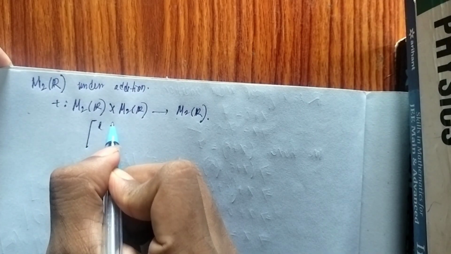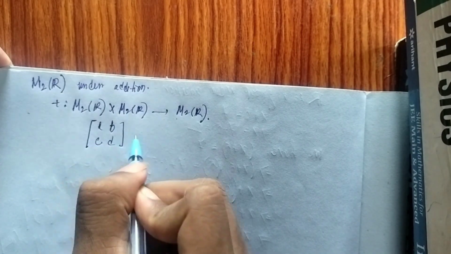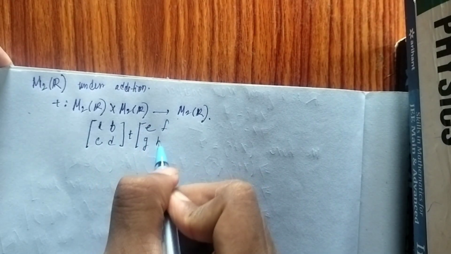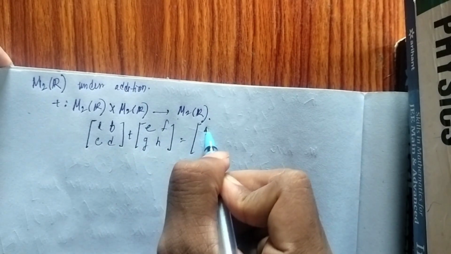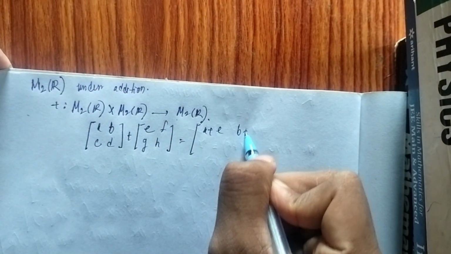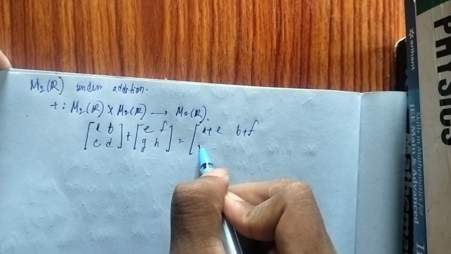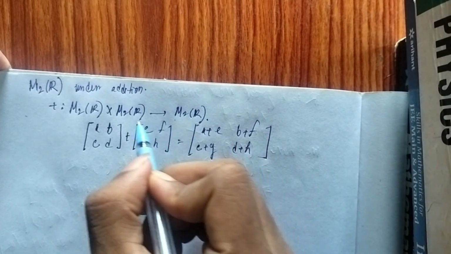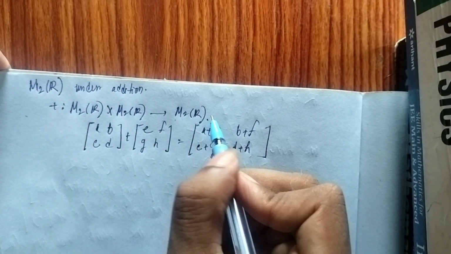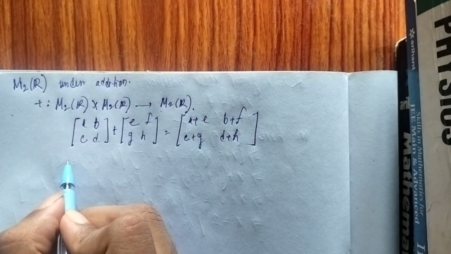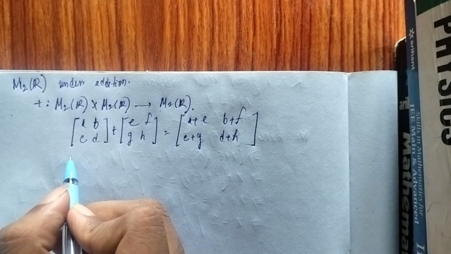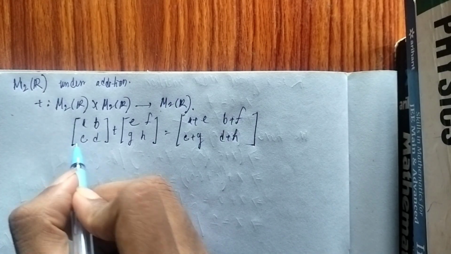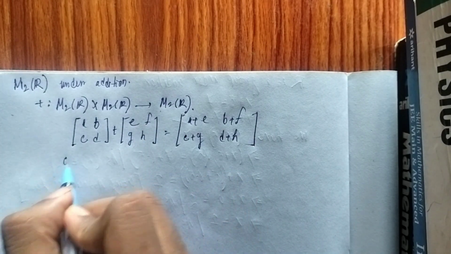Let me take how the addition is defined. A B C D, this is matrix addition. A B C D plus E F G H ultimately gives A plus E, B plus F, C plus G and D plus H. Okay, in this case, this is closure.